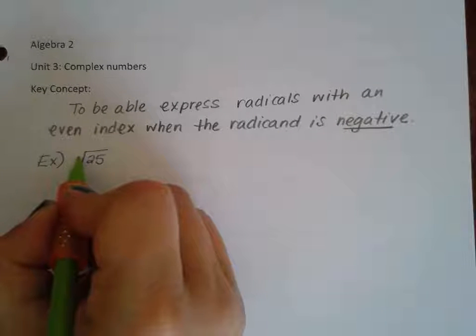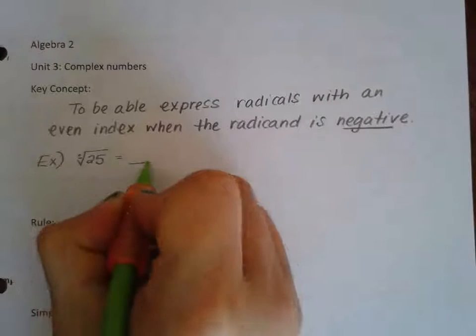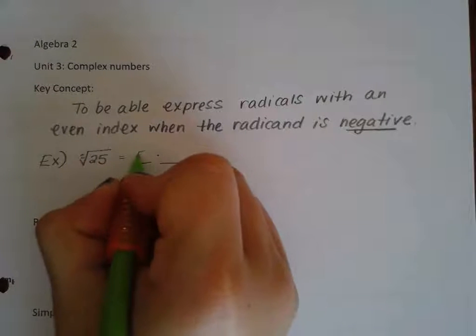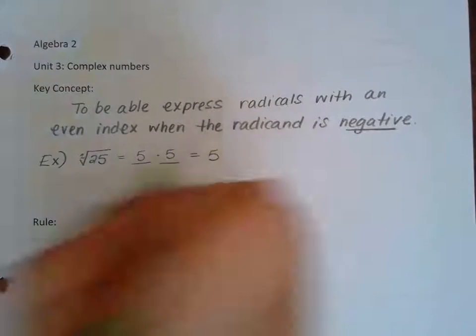The index here is even, it's a 2, okay? That means you're trying to find two numbers that are identical, with the same sign, that multiply to 25. These two numbers happen to be 5 and 5, so the square root of 25 is 5.